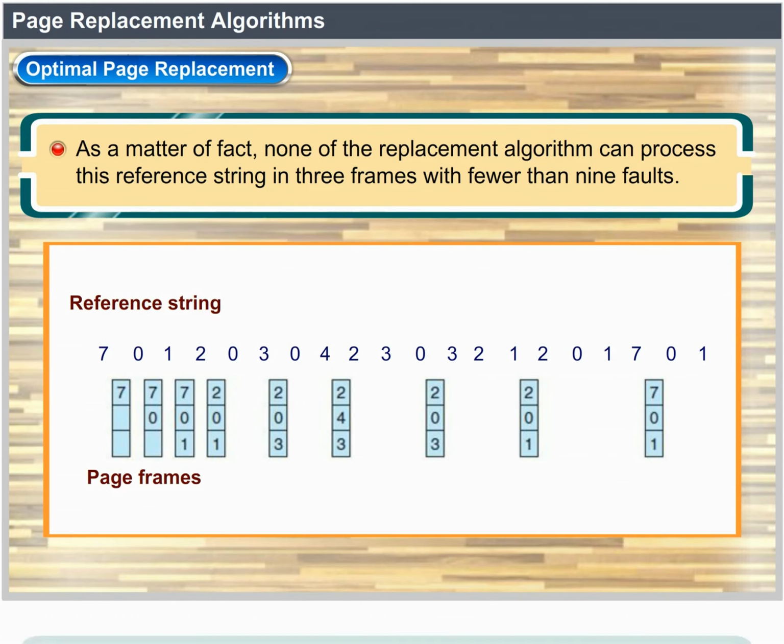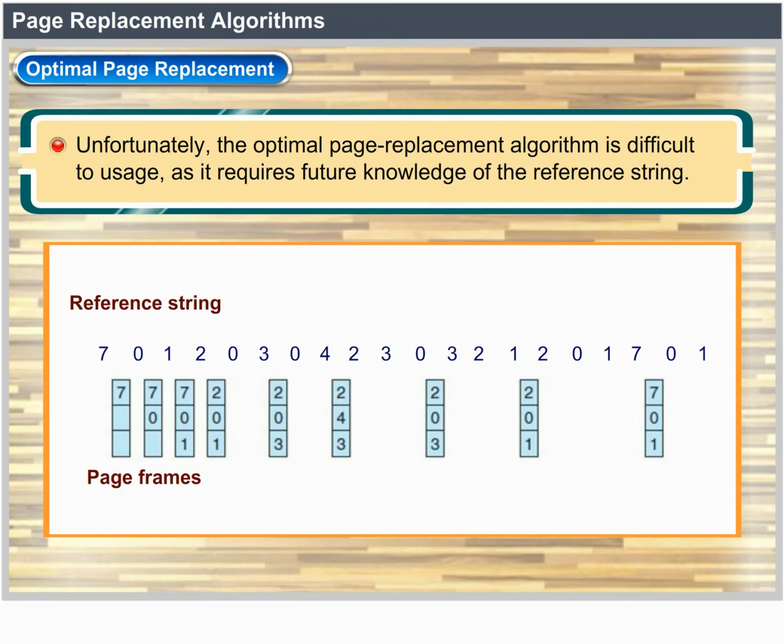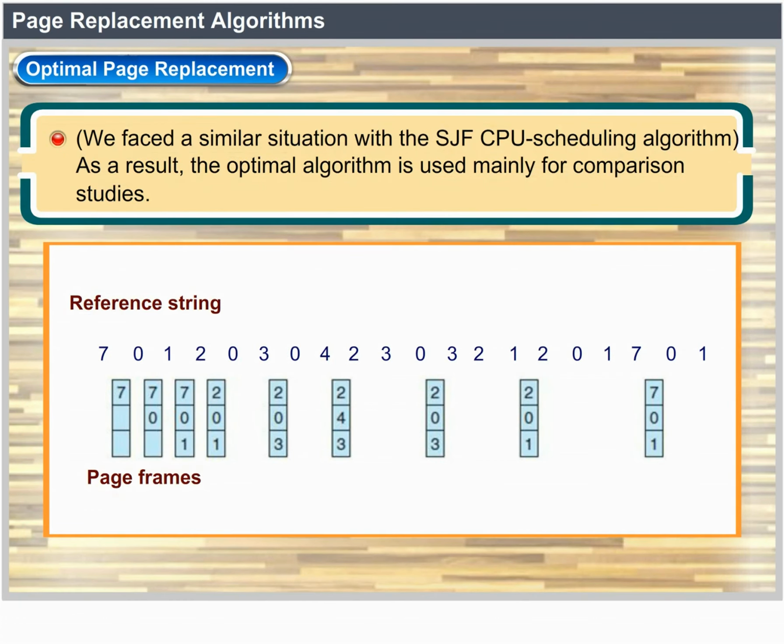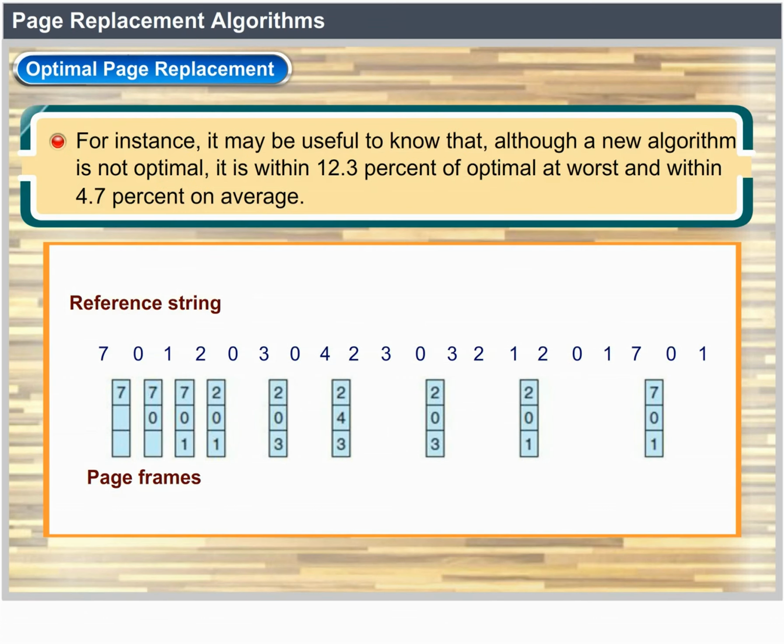Unfortunately, the optimal page replacement algorithm is difficult to implement because it requires future knowledge of the reference string. We encountered a similar situation with the SJF CPU scheduling algorithm. As a result, the optimal algorithm is used mainly for comparison studies. For instance, it may be useful to know that although a new algorithm is not optimal, it is within 12.3% of optimal at worst and within 4.7% on average.